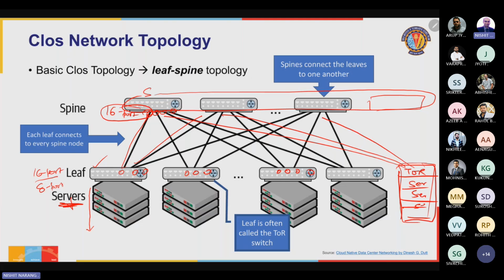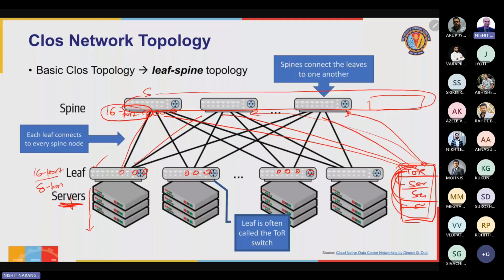Now, if I have to add a 17th rack to increase capacity further, I can do that. The servers can still connect to the top of rack using the 8 ports. But when this top of rack has to go back and connect to all the spines, there is no port available on the spine to cater to the 17th leaf node or 17th rack.